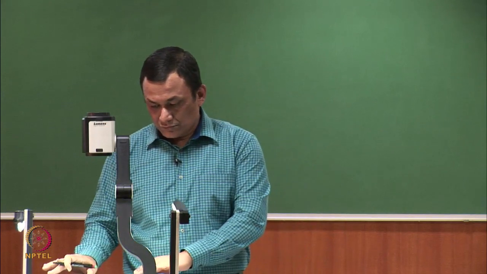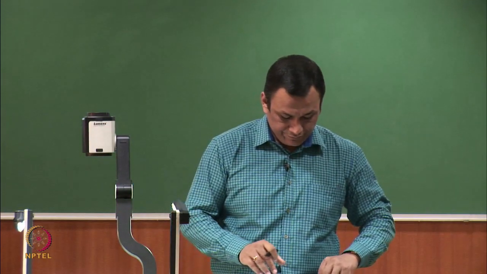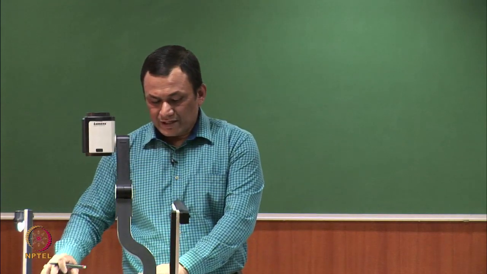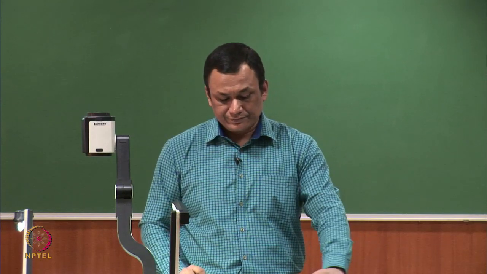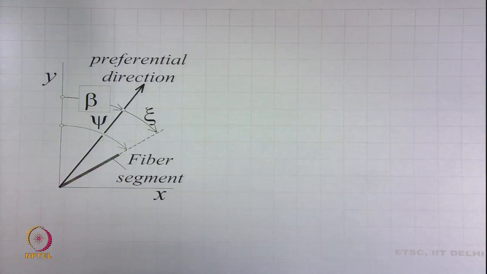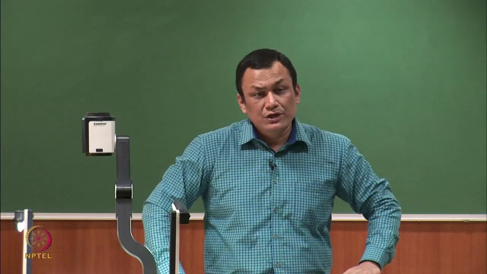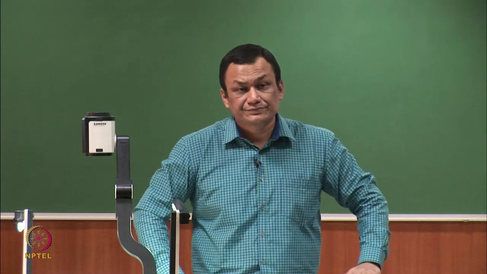Now, we would like to discuss a very useful concept in fiber orientation. What happens is this: in the earlier case we have considered the preferential direction as the y axis.